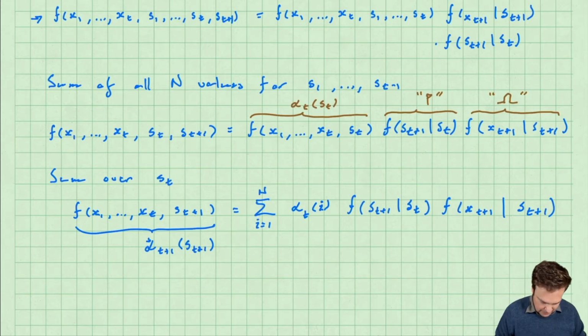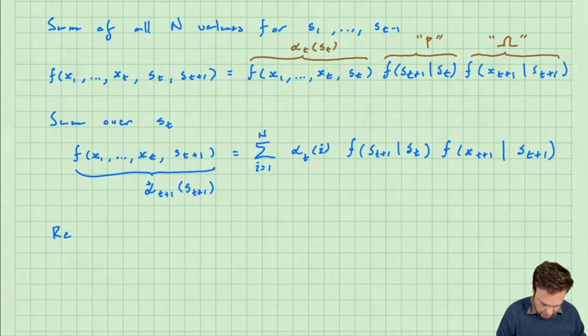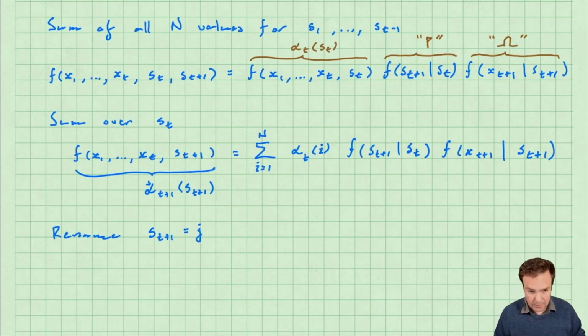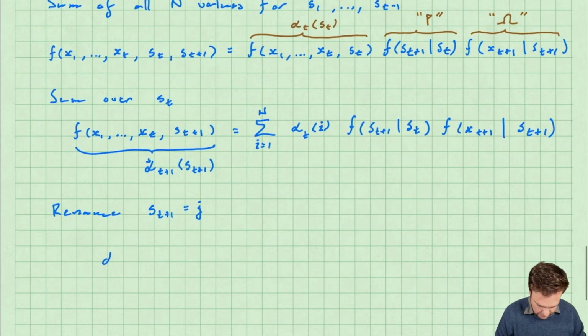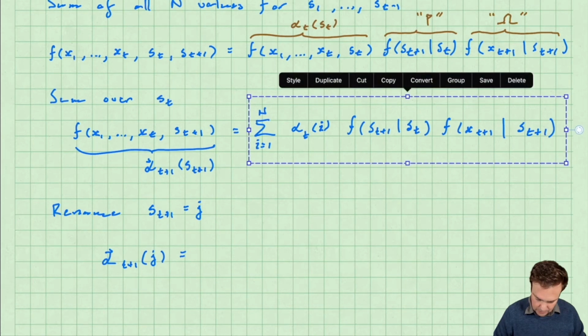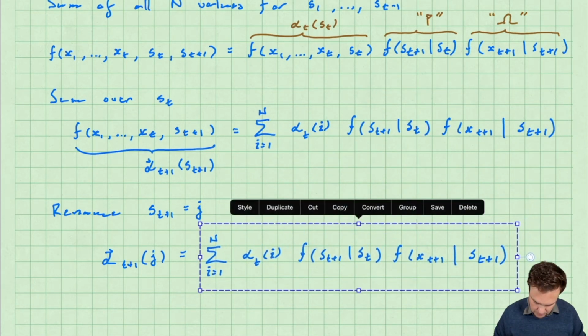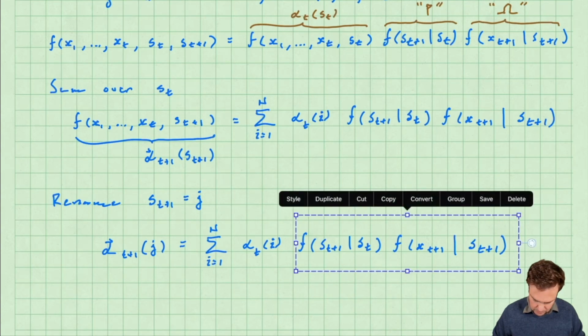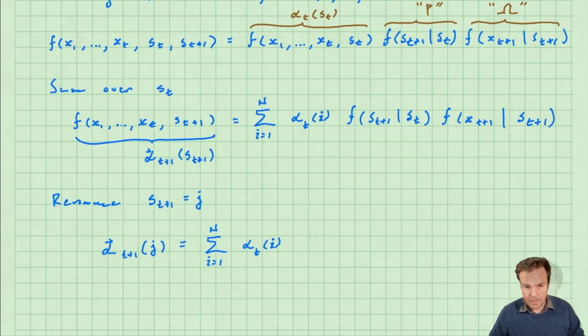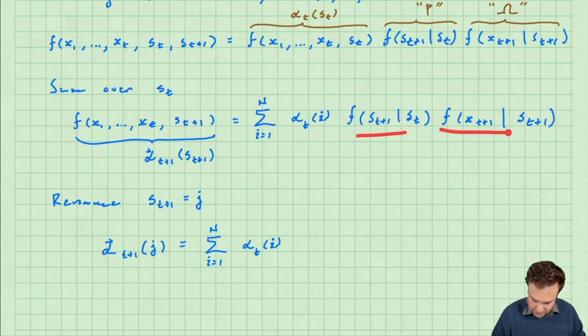Now if we rename s sub t plus 1 to be j, then what we have here is alpha t plus 1 with argument j is equal to, and we'll copy this over, and then put in the correct form for these two guys in terms of p and omega.